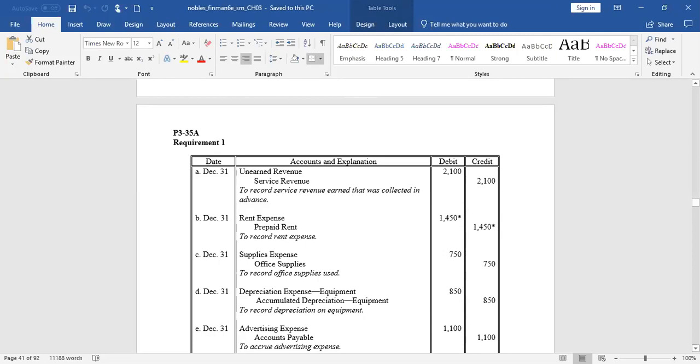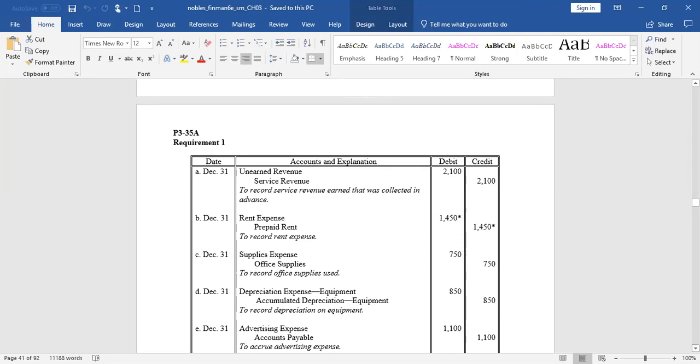In letter F, that's another example of an accrued expense. Aniston pays its employees on Monday for the previous week's wages. Its employees earned $3,500 for a 5-day work week. December 31st falls on Wednesday this year. So December 29th, the Monday of that week, all the wages were paid through the end of the prior week.